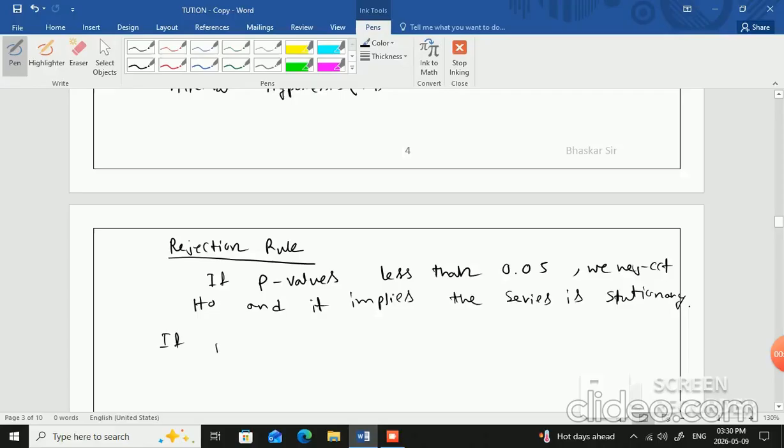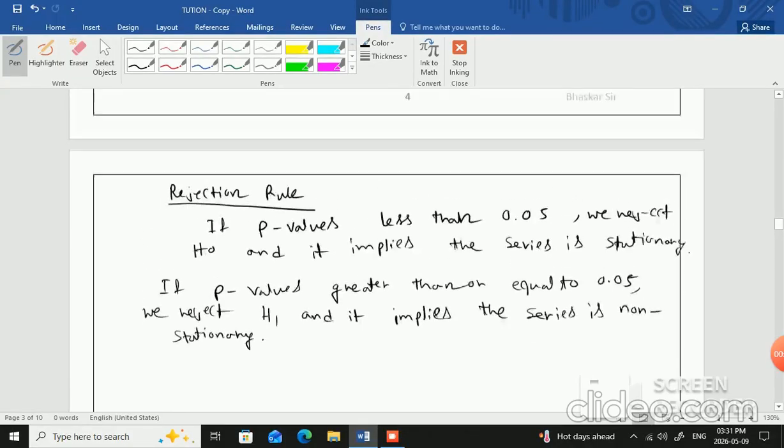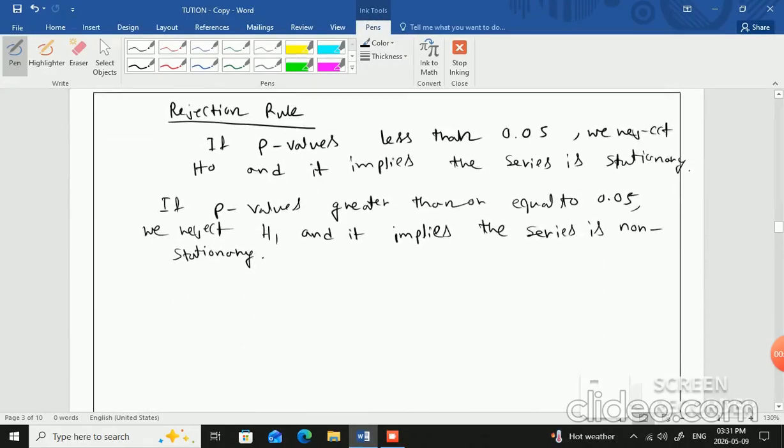If p-value is greater than or equal to 0.05, we reject H1. H1 means the series is stationary, we reject it, and it implies the series is non-stationary. In this way we test stationarity using the ADF, augmented Dickey-Fuller test.